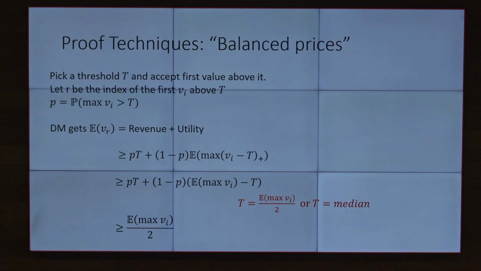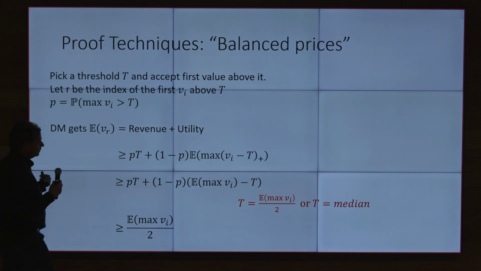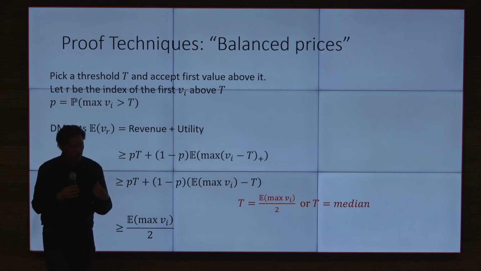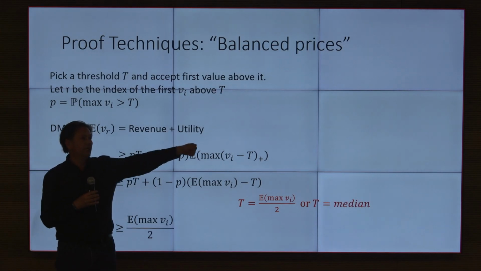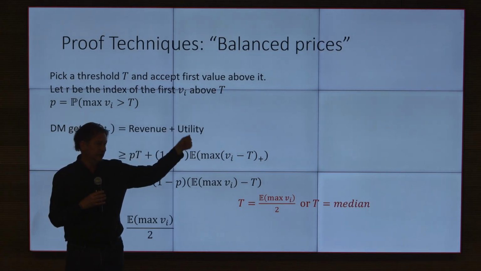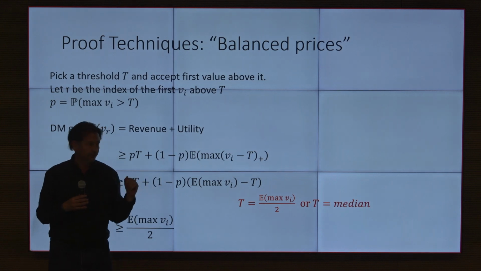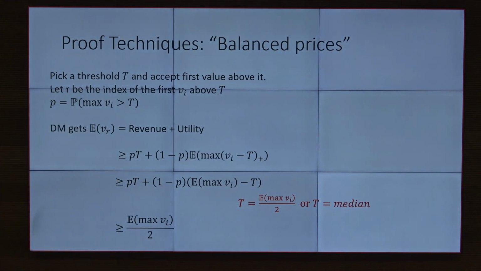And if I put it too low, then I will sell the item too quickly, and I will miss people at the end who might have a very large contribution to the expectation of the maximum. So I need to leave enough probability of simply not selling.